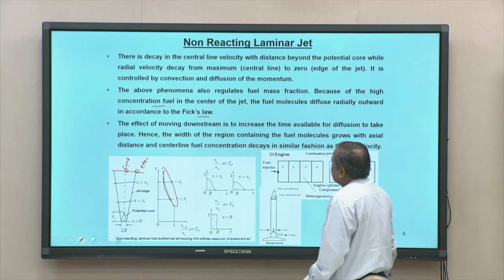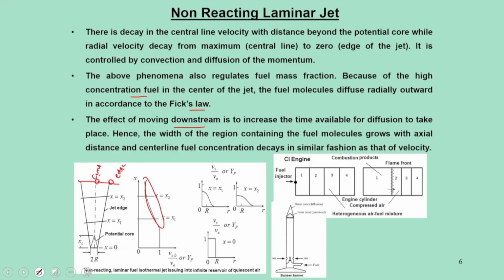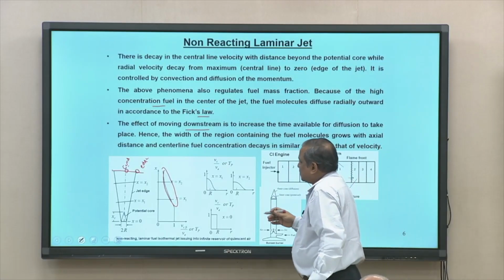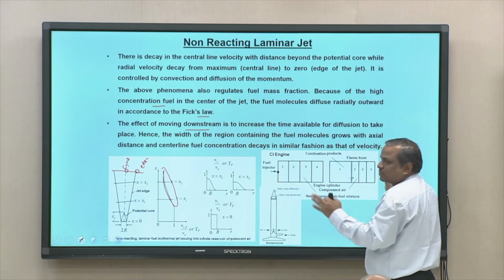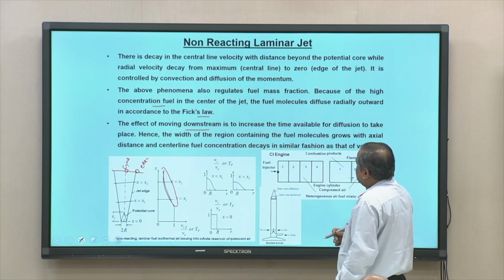Now the next important point is that the effect of moving downstream is to increase the time available for diffusion to take place. It means that when you go downstream, the jet has enough time to mix with the surrounding air, because it has a wide domain of air entrainment.